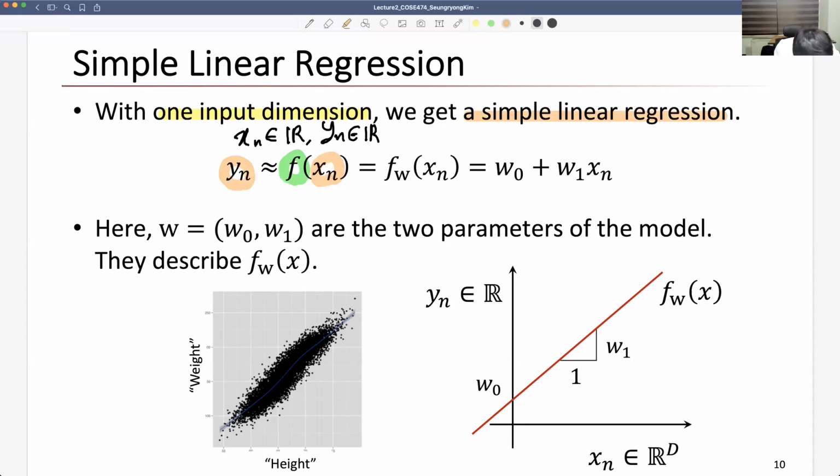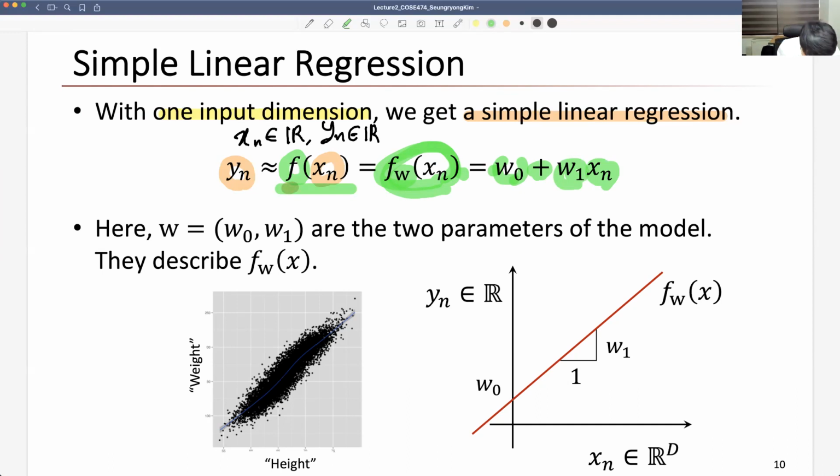Then this mapping function f can be represented by the learnable parameter w here. So it will be represented as f_w(xn). In the simple linear regression case, this mapping function can be represented by w0 plus w1 times x1. This is a very simple case, right?